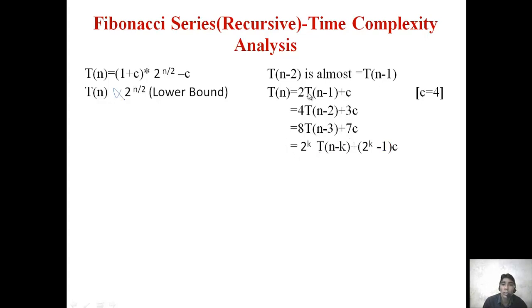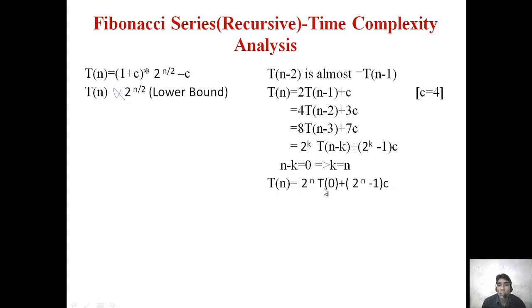Now the general equation is 2 to the power k into T of n minus k plus 2 to the power k minus 1 into c. Now I am calculating the value of k. n minus k equal to 0 gives k equal to n. Now put the value of k in the above equation: 2 to the power n into T of 0 plus 2 to the power n minus 1 into c.